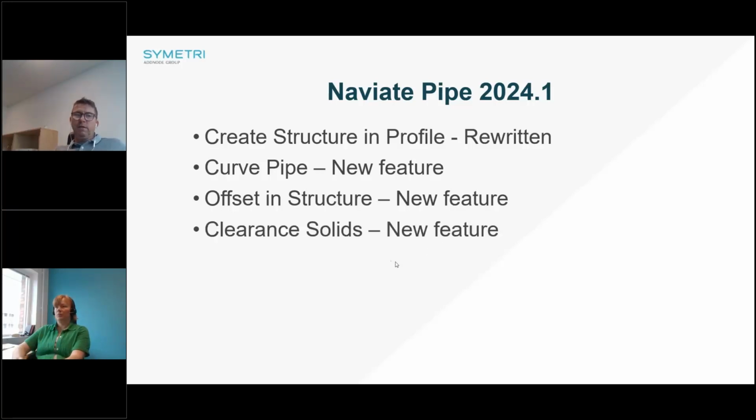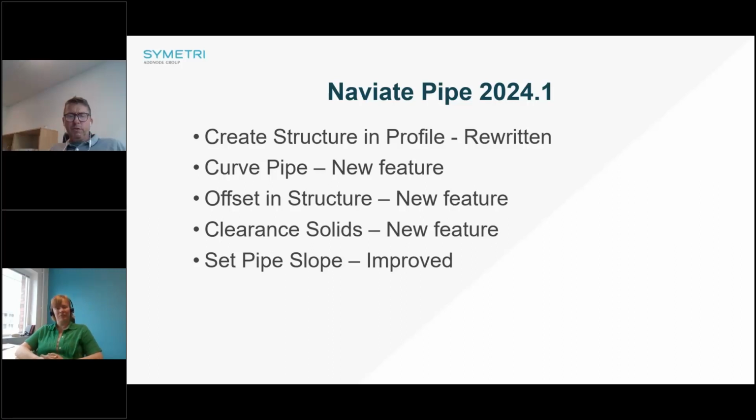We have something called clearance solids. So we use transparency to visualize the clearance solid. Okay. We also made a few changes, quite a few actually, in our set pipe slope. So it's a lot of interesting stuff there.